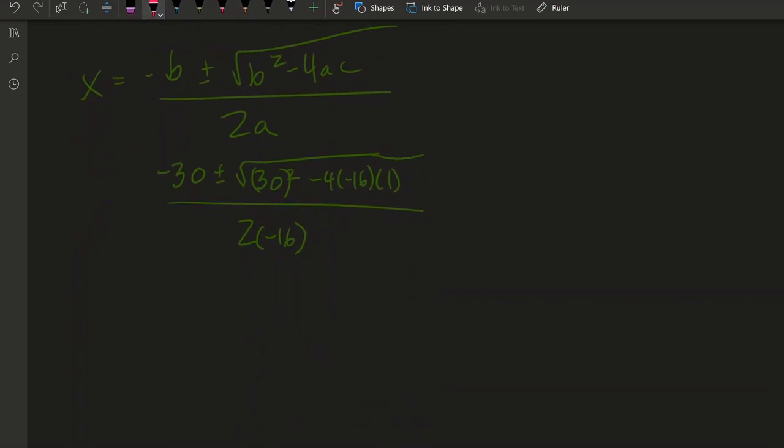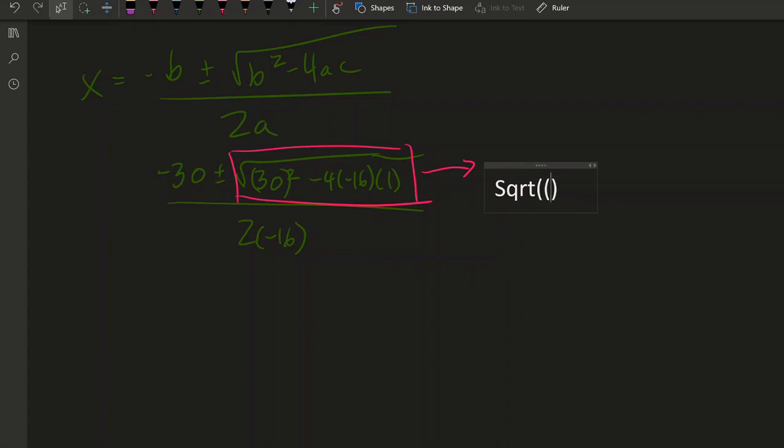All right, let's look at the discriminant. At this point, I can use a calculator. Actually, let's put that all inside the square root and do this all in one shot.